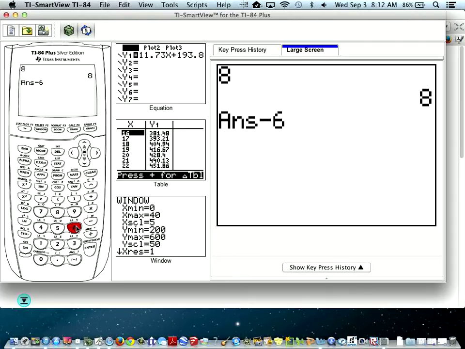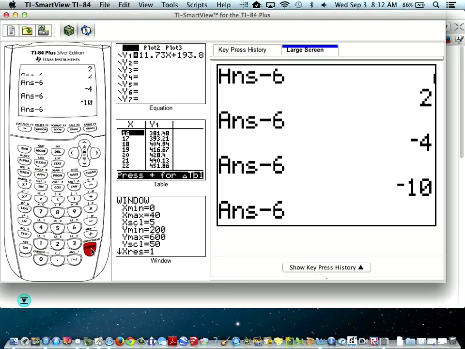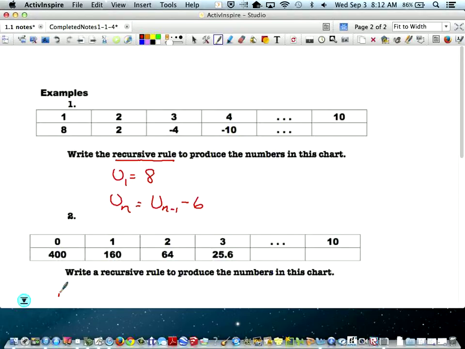So your calculator kind of looks like a recursive rule right there. So that's step 1. There's step 2, 3, 4, 5, 6, 7, 8, 9, 10. You didn't really have to do anything, let the calculator do the work. We got -46.